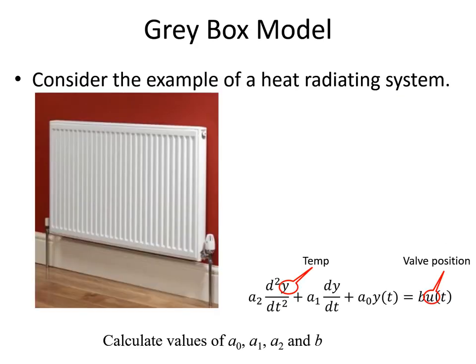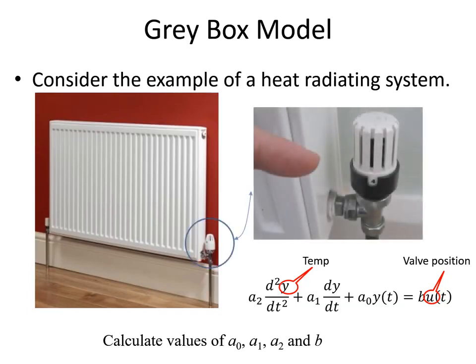So for instance, if we are given that the order, meaning the number of energy storing elements of the system, is 2, which the system in this case is again the heat radiating system, but now we're also given an additional piece of information that there are 2 energy storing elements, so we can write down the dynamical equation of the system, which obviously we are going to learn in a few weeks' time.